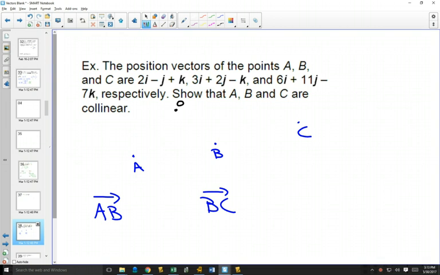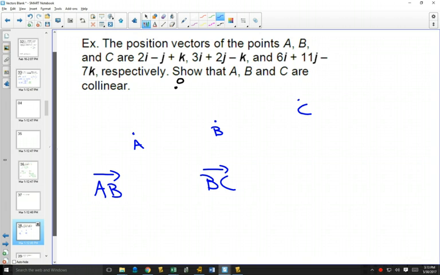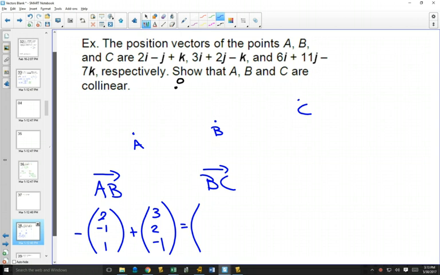And so going from A to B, we can use the position vectors that's going to be negative A, and A is 2, negative 1, 1, plus B, and B is 3, 2, negative 1. So we can figure out that A to B is going to be 1, 3, negative 2.